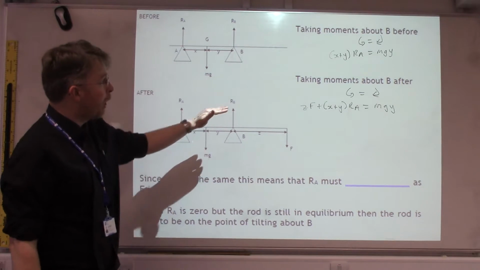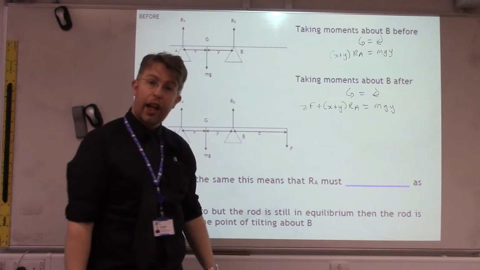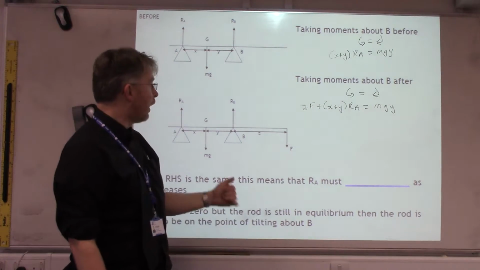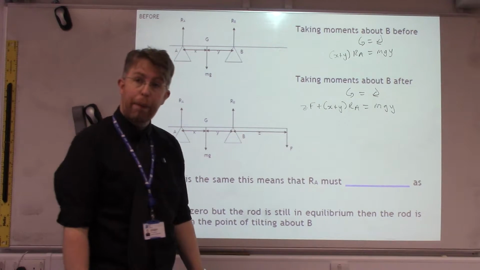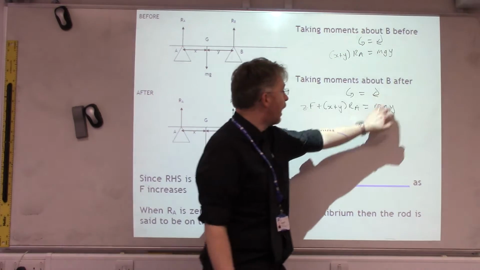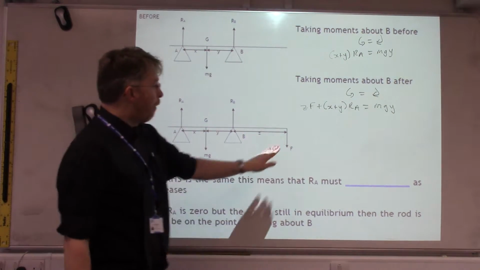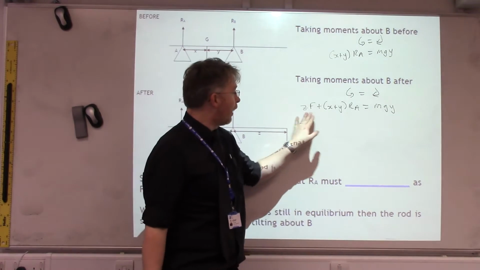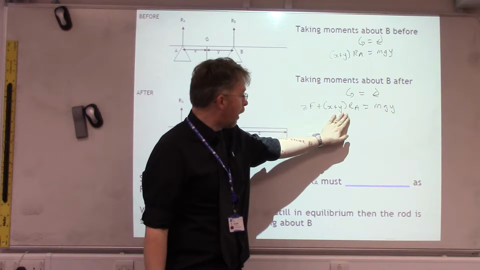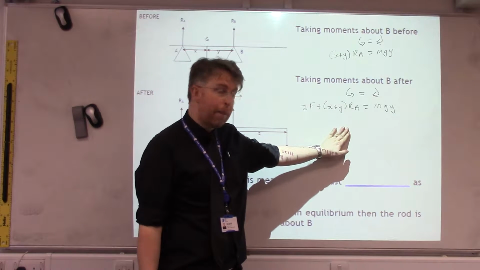Now if we compare these two equations, the before and after, the right hand side is the same in both occasions. The mass of the bridge hasn't changed and the distance away from the point B hasn't changed. The right hand side is a solid constant. However, since the second equation's got ZF, the only way that could work is if the other term, the x plus y times RA, reduces to compensate.